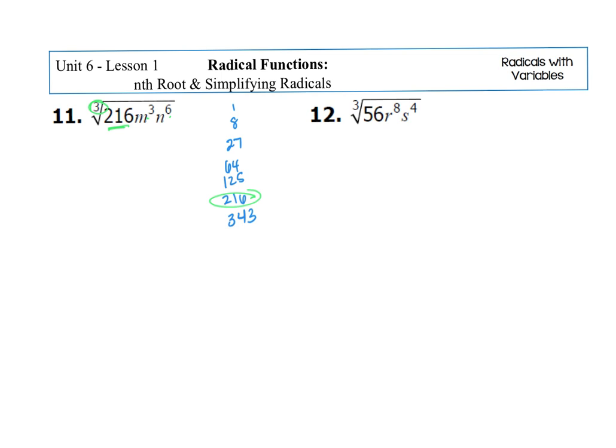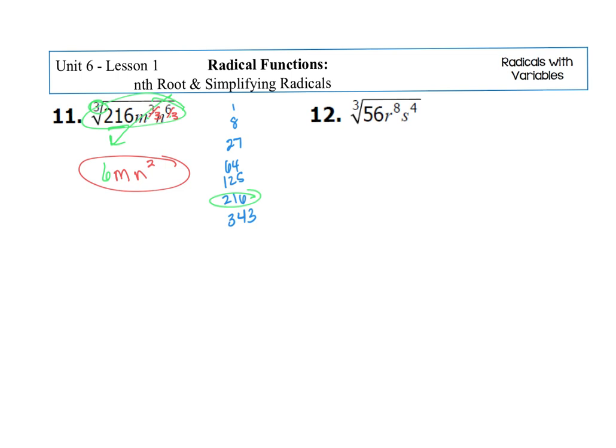Because this is all a perfect cube already, I do not need 2 houses. I'm just going to root it. The cube root of 216 is 6. For m cubed, we cube root that one by dividing by 3. 3 divided by 3 is 1, so 1m comes out. For n, 6 divided by 3 is 2, so 2 n's come out, leaving our answer as 6mn squared.